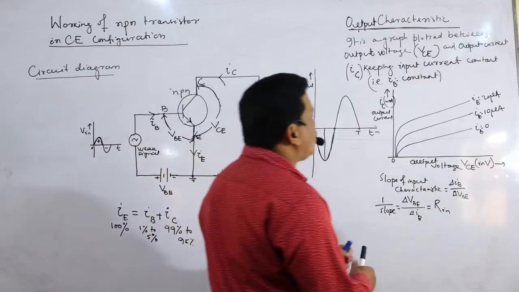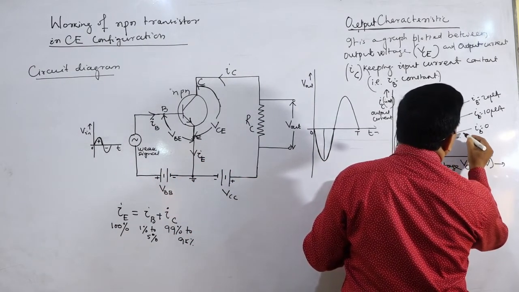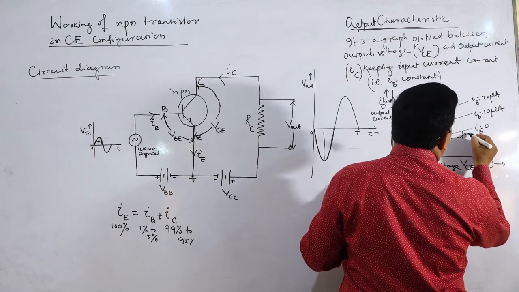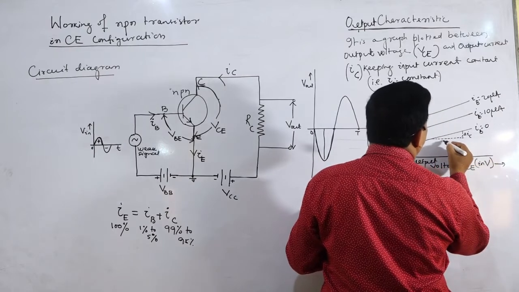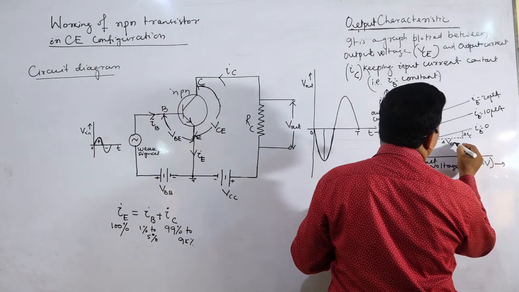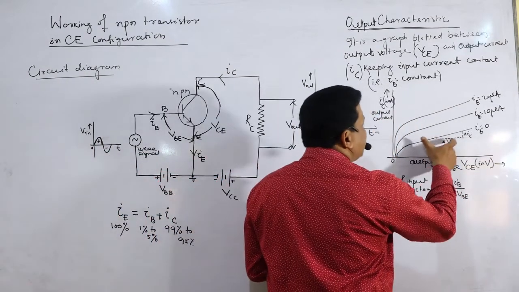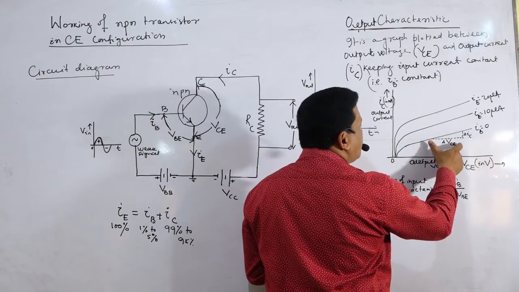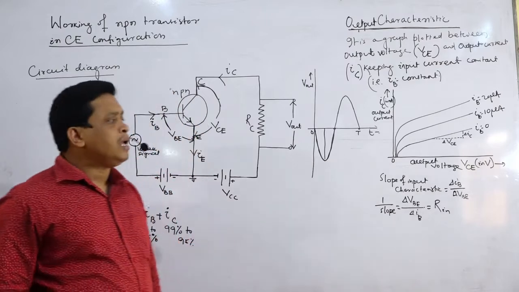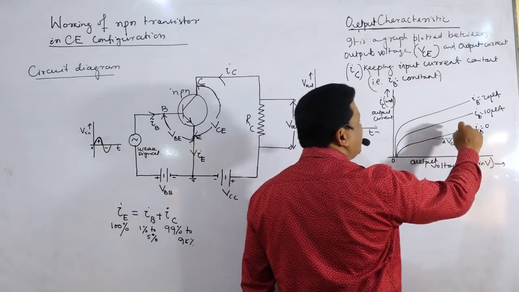Now let us see what information is given by the output characteristic. For that purpose, you first find out the slope. This is the change in y coordinate, delta IC, and this is the change in output voltage VCE. Now mark here that when we change the output voltage by a large amount, there is a small change in output current.